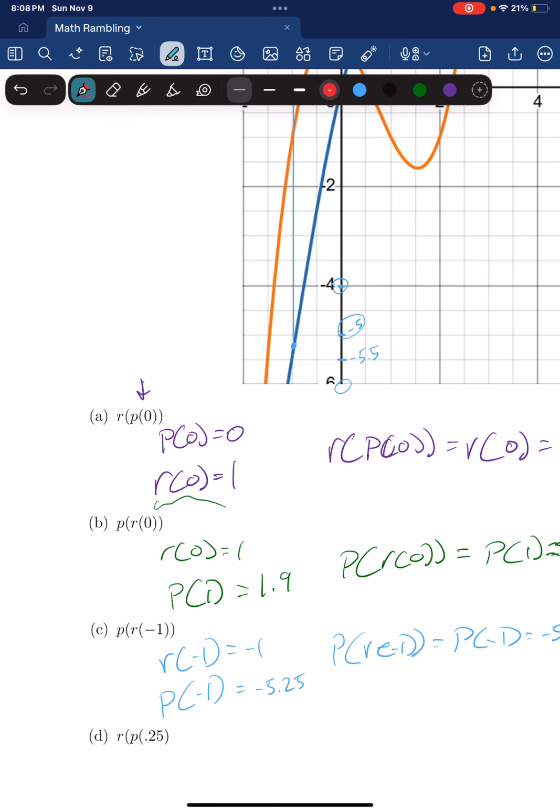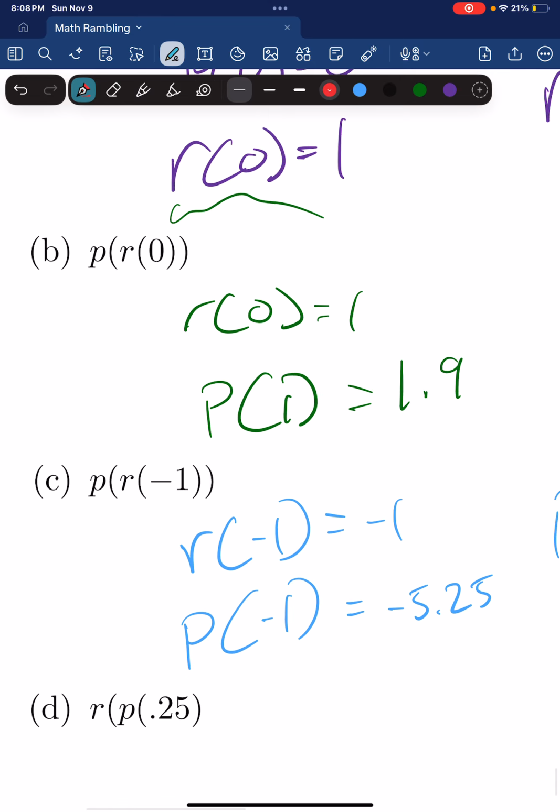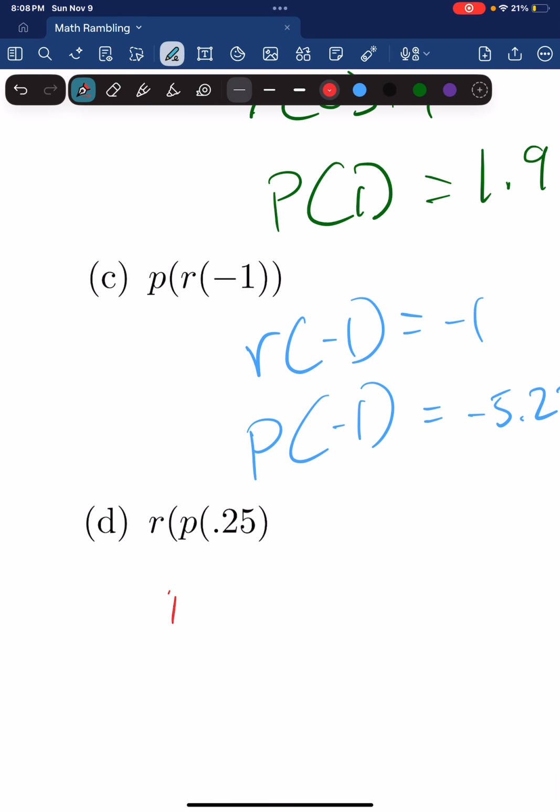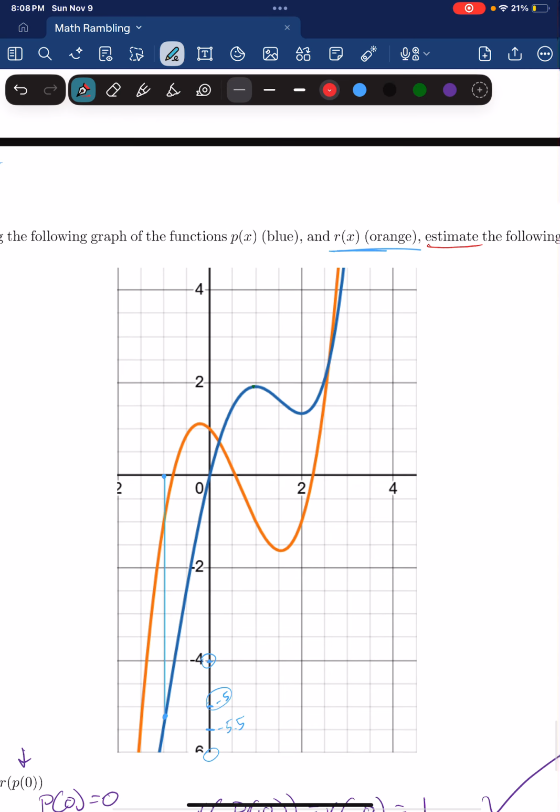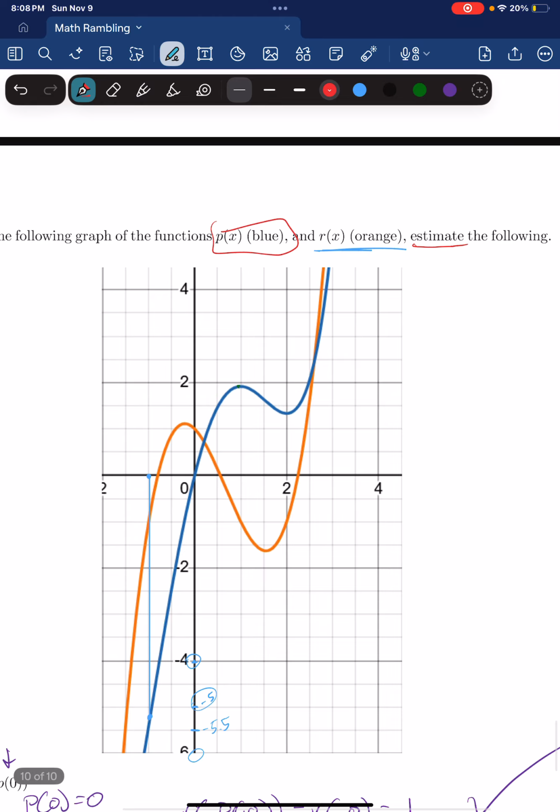Okay. R of p of 0.25. First, let's find p of 0.25. Okay, let's see. P is the blue line. So x equals 0.25. So here's 1. Here's 0.5. So here's 0.25. Oh, fudge. This is going to be horrible.